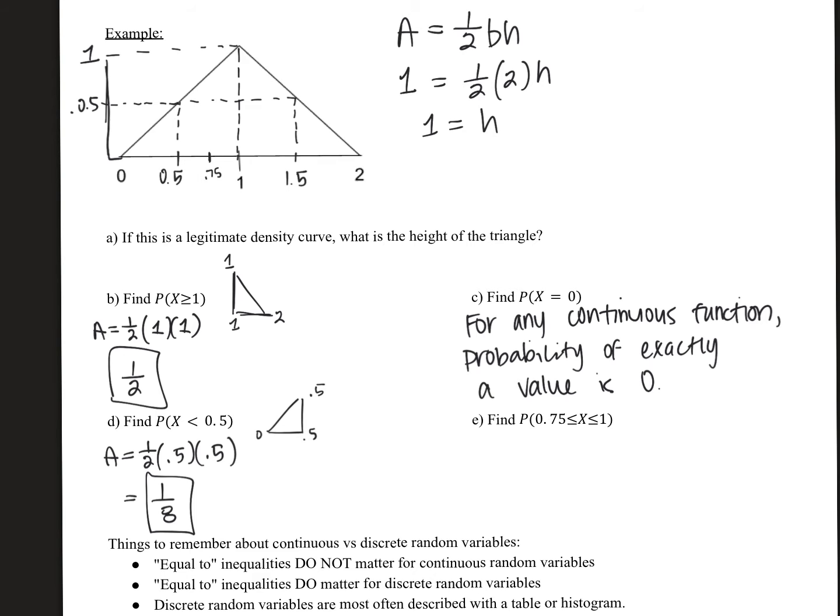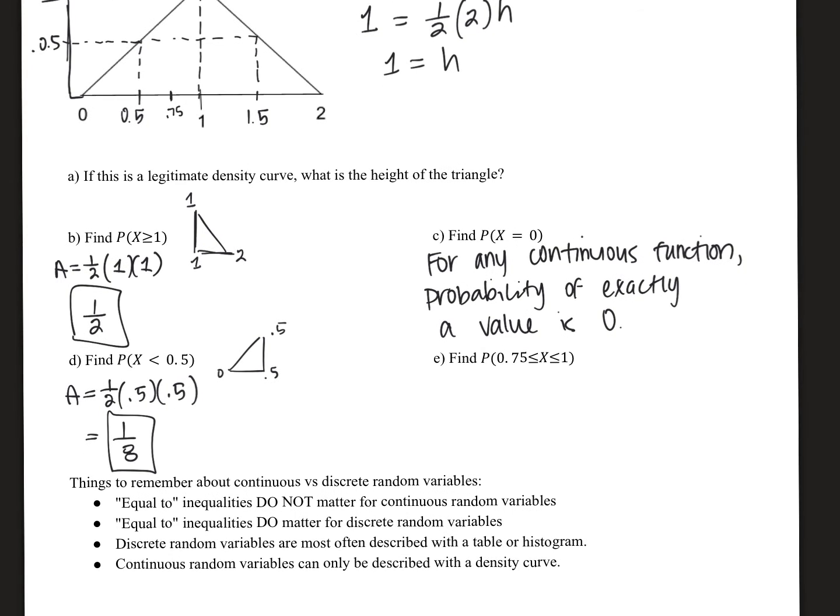We end up with the picture. So 0.75, 1, which then goes all the way up to 1. And then we have 0.75 here. So we end up having a trapezoid, which is hard to see from the way the picture is set up.